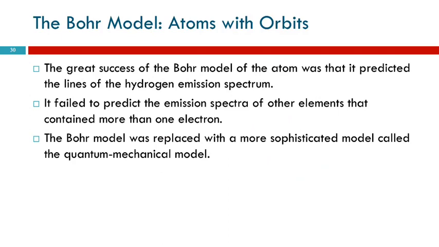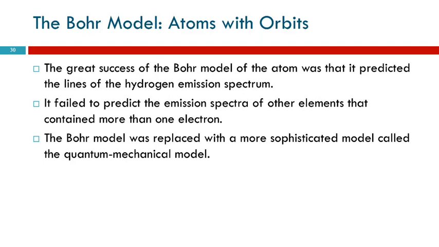So the Bohr model was a great success for hydrogen. They were able to calculate all sorts of things about the different orbits in the hydrogen atom. It's awesome. So then let's try it on helium. Helium has 2 electrons. Doesn't work. The Bohr model only works for hydrogen.